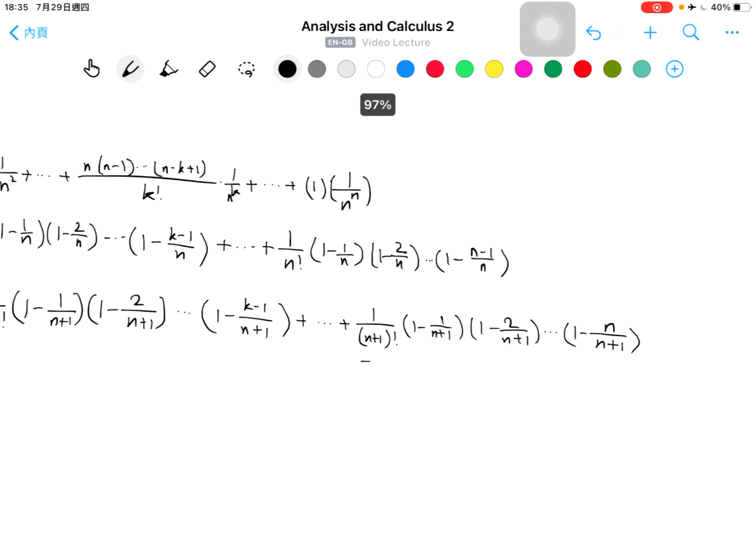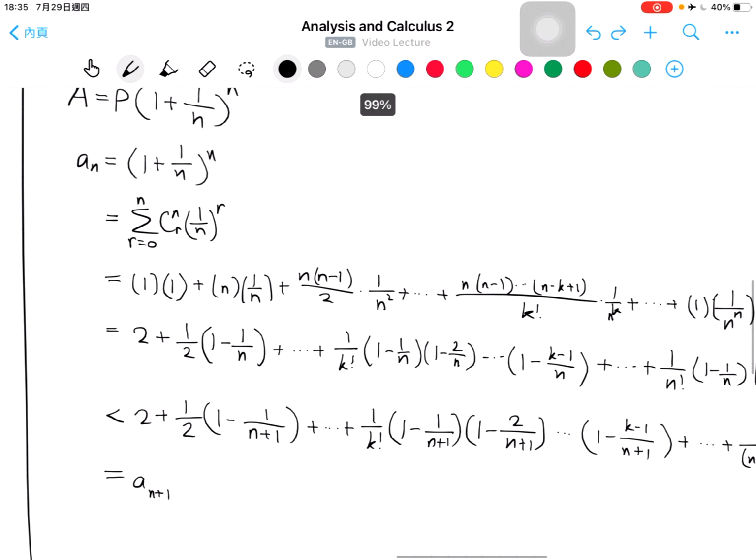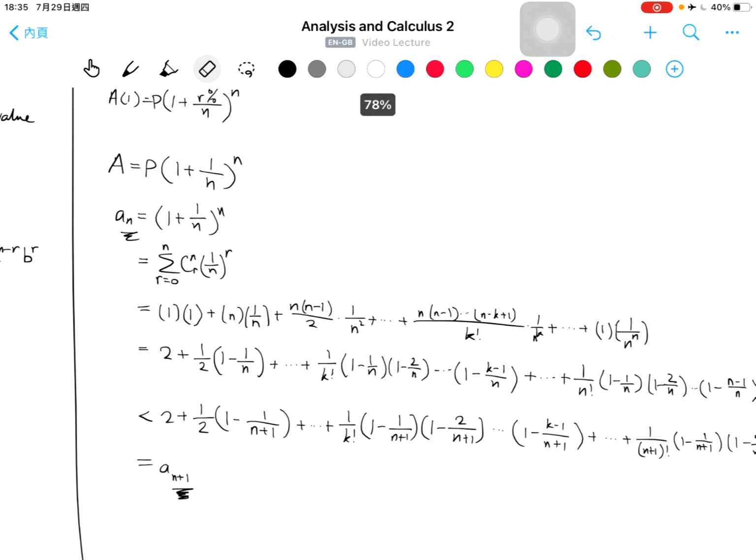And then I also have to add another term, so of course it's going to be larger, right? As the index gets larger, the term gets larger. an is smaller than an plus 1, the term with the larger index is larger than an, the term with the smaller index. That means an is increasing.